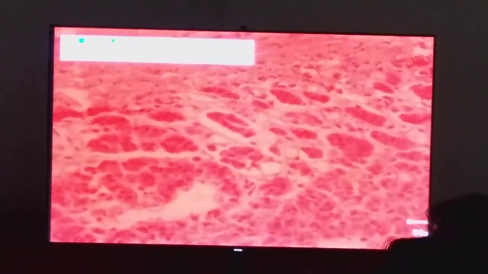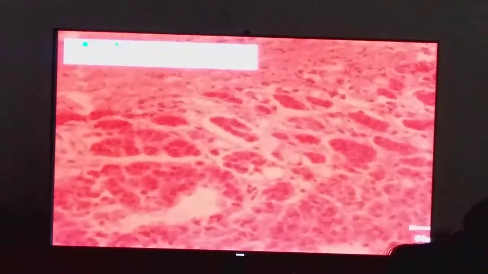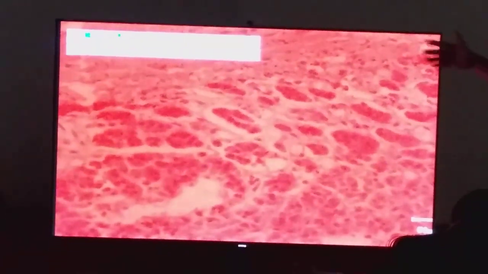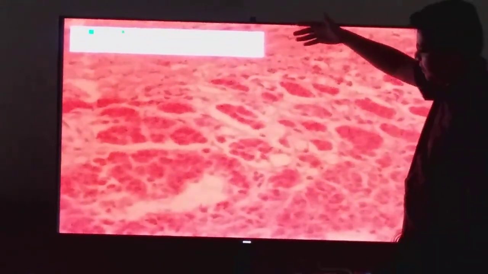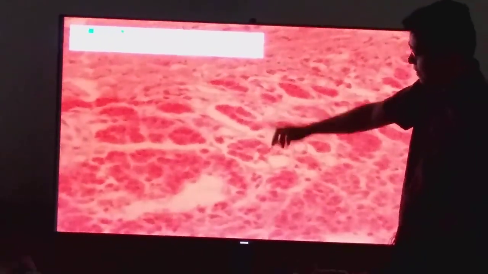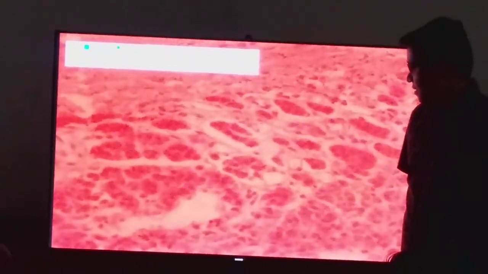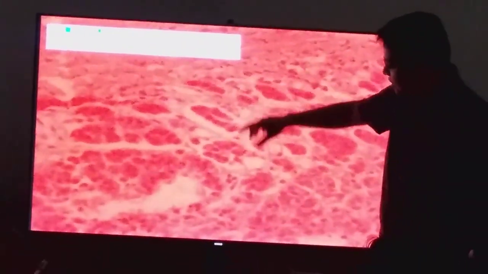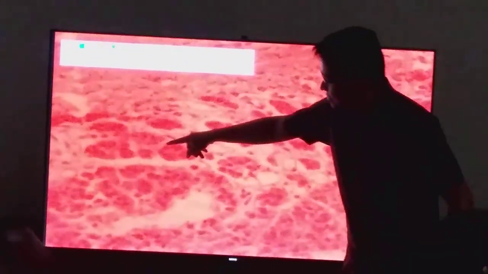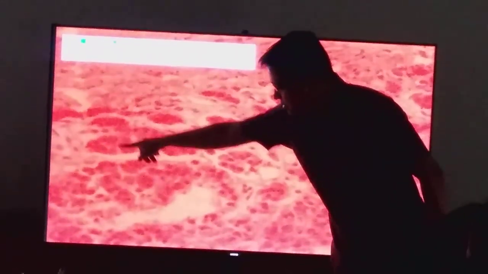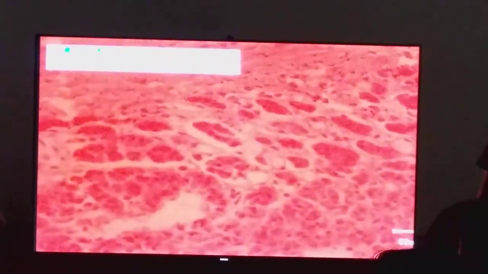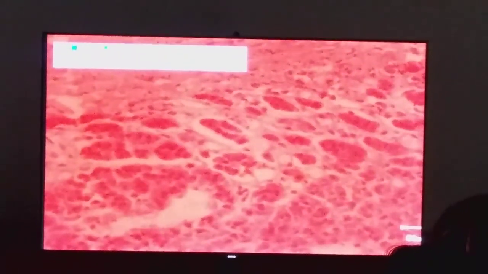One identifying feature for the zona glomerulosa, aside from its location immediately underneath the capsule, is that the cells are arranged into nests. Underneath or next to the zona glomerulosa is the zona fasciculata. You will be able to see columns or trabeculae of endocrine cells in the zona fasciculata.